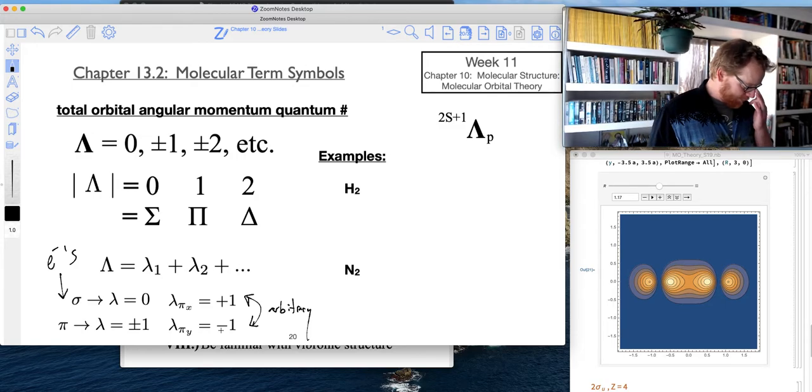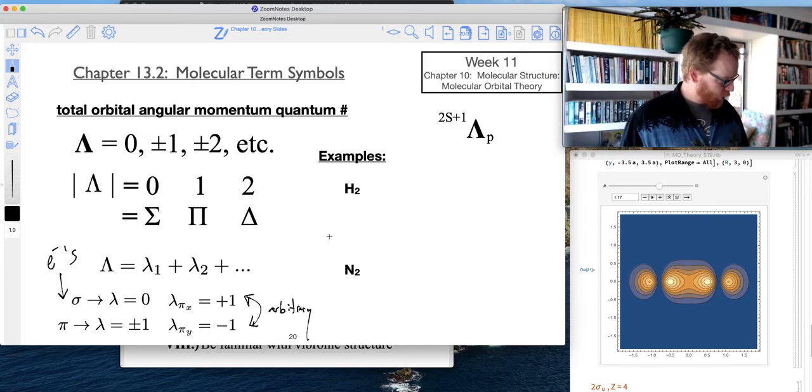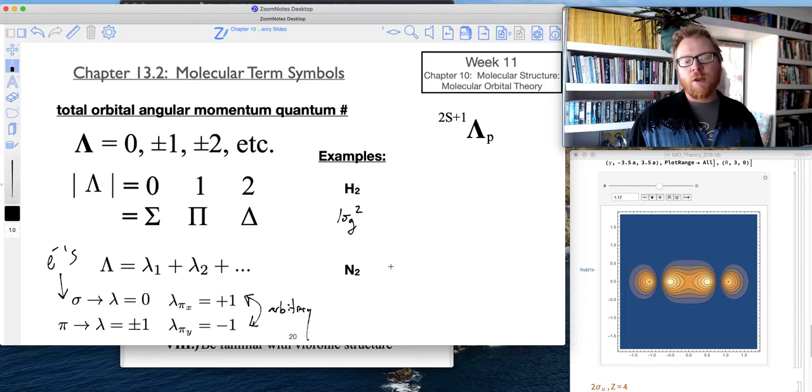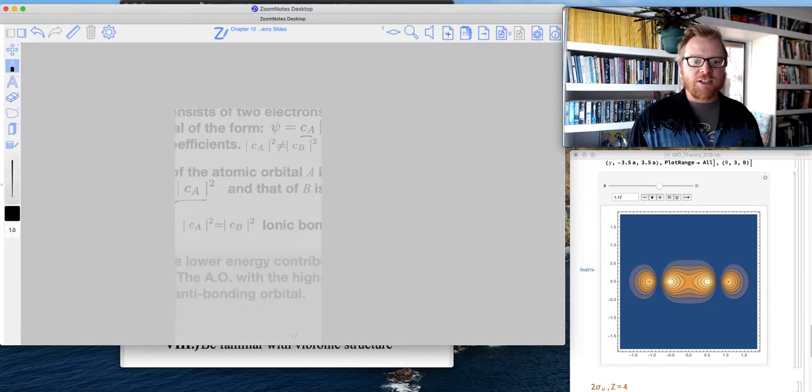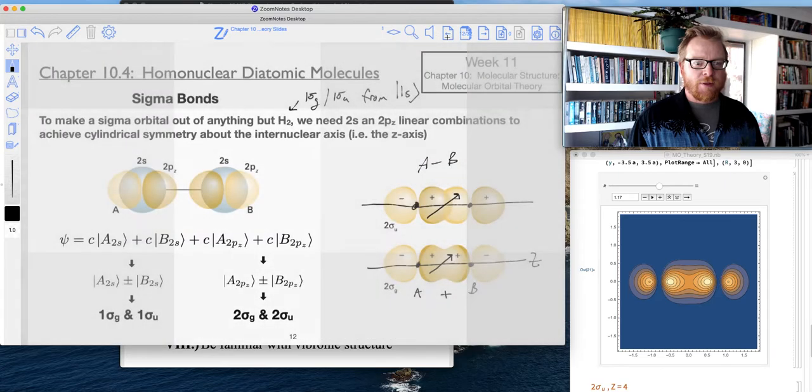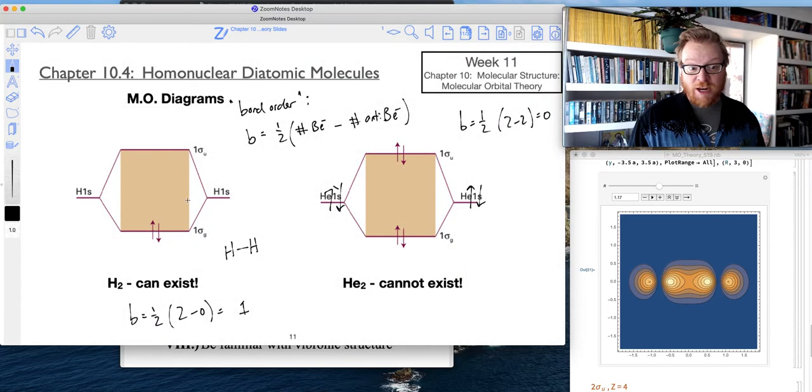And I'm going to go through several examples. Okay, so let's look at H2. And I'll remind you, I'm not going to do the MO diagram because hopefully we remember, it's a very simple 1σg² molecular electron configuration for H2. Right, here it is, my H2. So 2 electrons in the 1σg, so it's a 1σg².